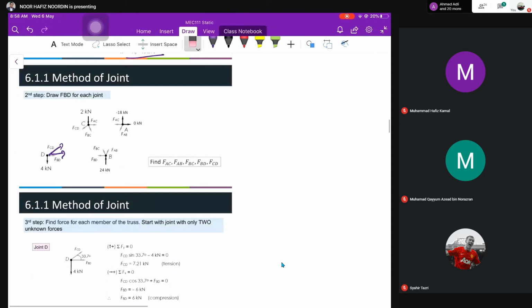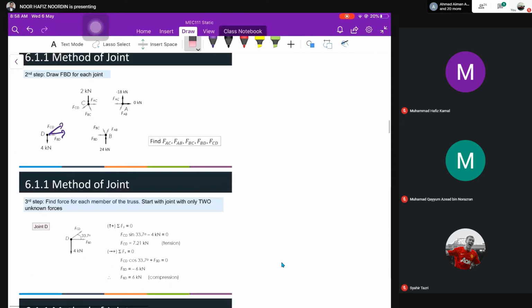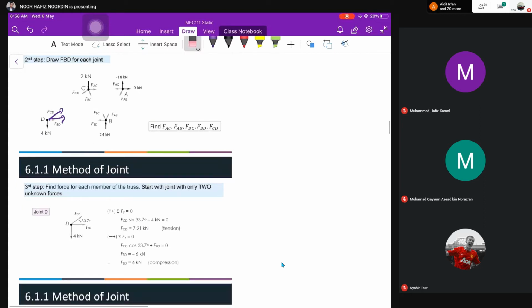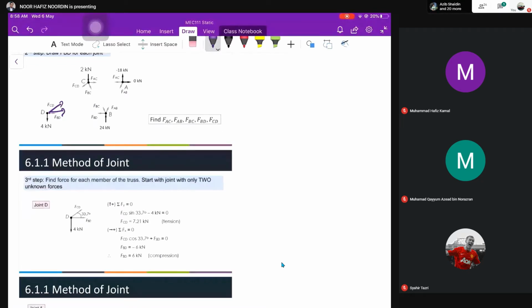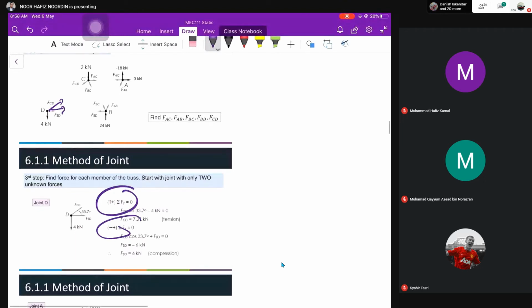So this third step shows how to determine the value of each member, or slender member. It uses summation of Fx equal to 0 and summation of Fy equal to 0. And then we can define the value of each member at CD and FBD.